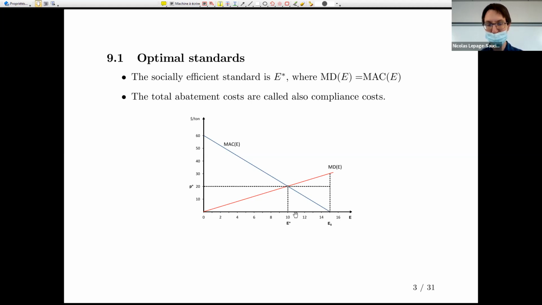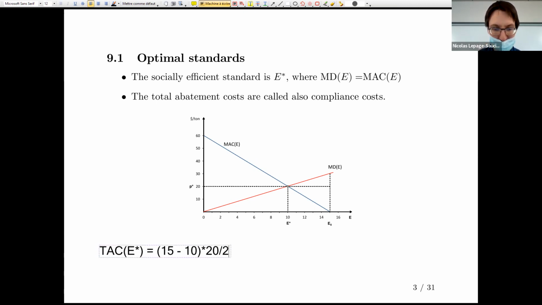So it's 15 minus 10, times 20 divided by 2.